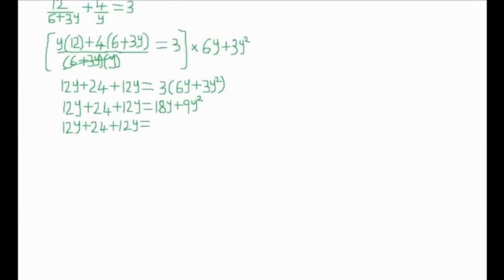So when 18y comes to the left hand side, it will be negative 18y, and when 9y squared comes to the left hand side, it will be negative 9y squared.